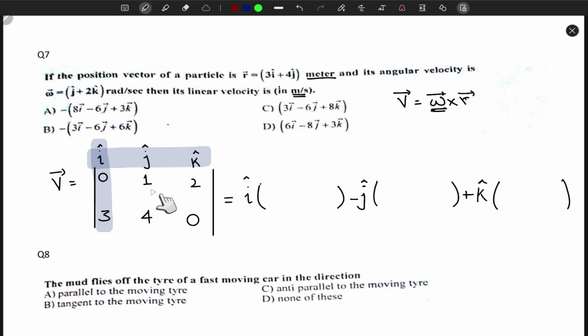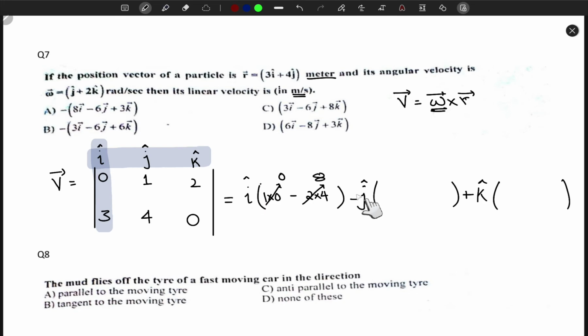Well, that's pretty simple because you know how to compute determinants. 1 multiplied by 0 minus 2 multiplied by 4. So that's 1 times 0, which is 0, minus 2 times 4, which is 8. So this gives you minus 8 i hat.